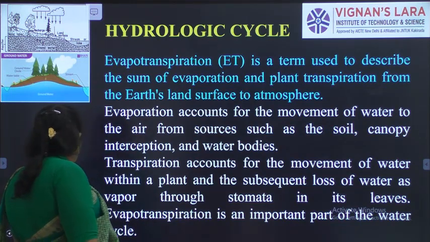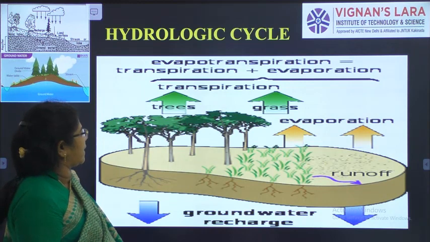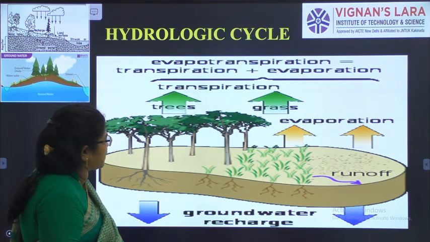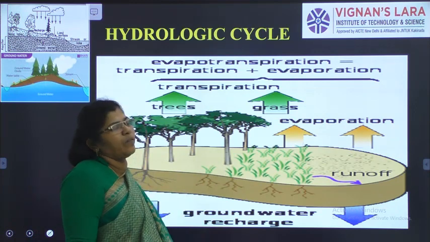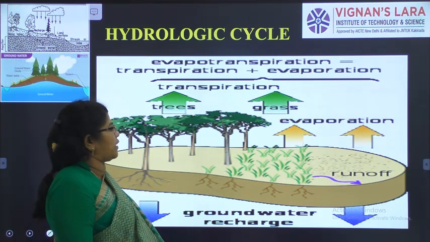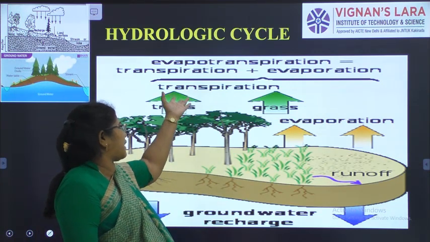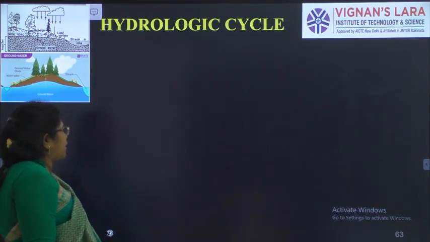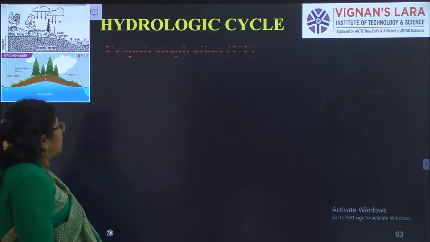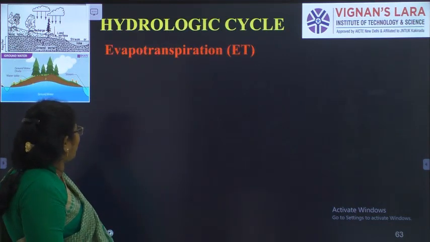Evapotranspiration is an important part of the hydrological cycle. So evaporation plus transpiration. Evaporation is from the land surface or from water, lakes, any bodies. From this we call it transpiration. Combined together we call it evapotranspiration.